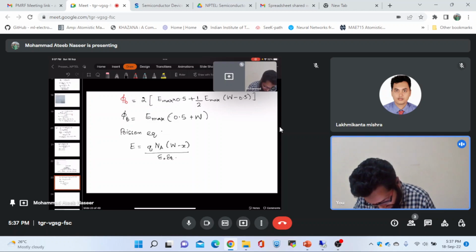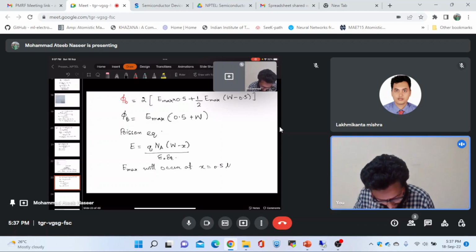electric field will be maximum. I can simply write E max will occur at x equal to 0.5 micrometer.